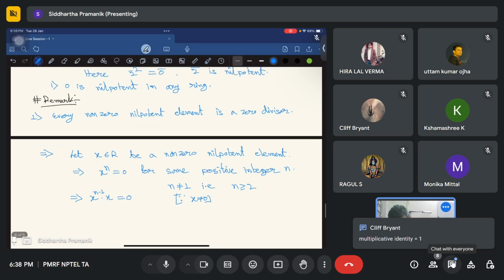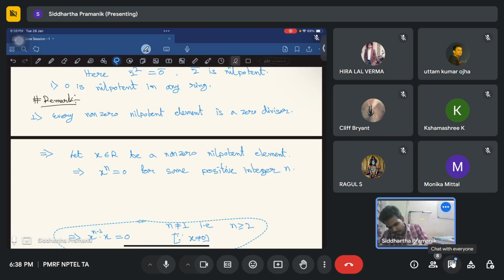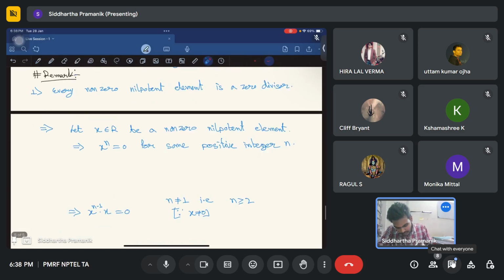So let me write it here. x power n is 0 for some positive integer n, that we know.